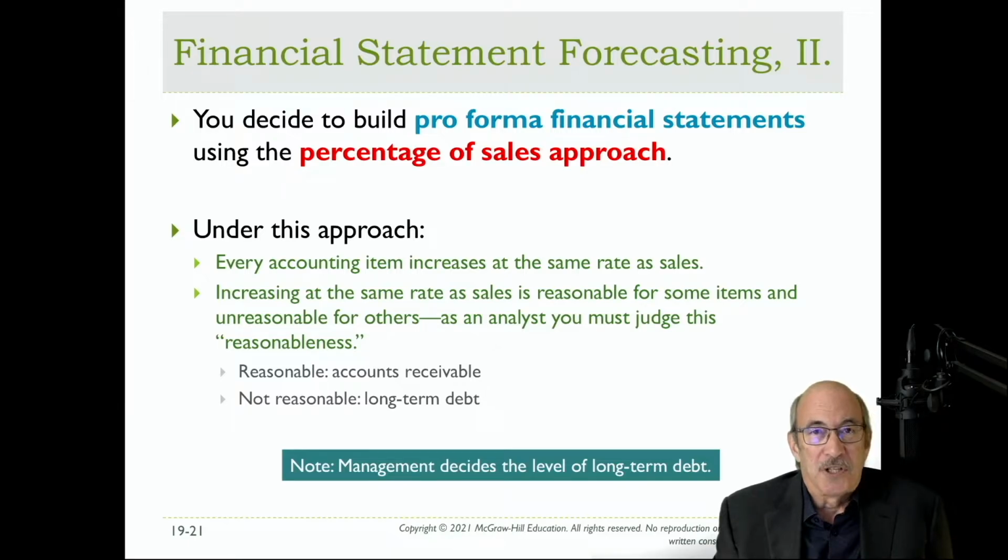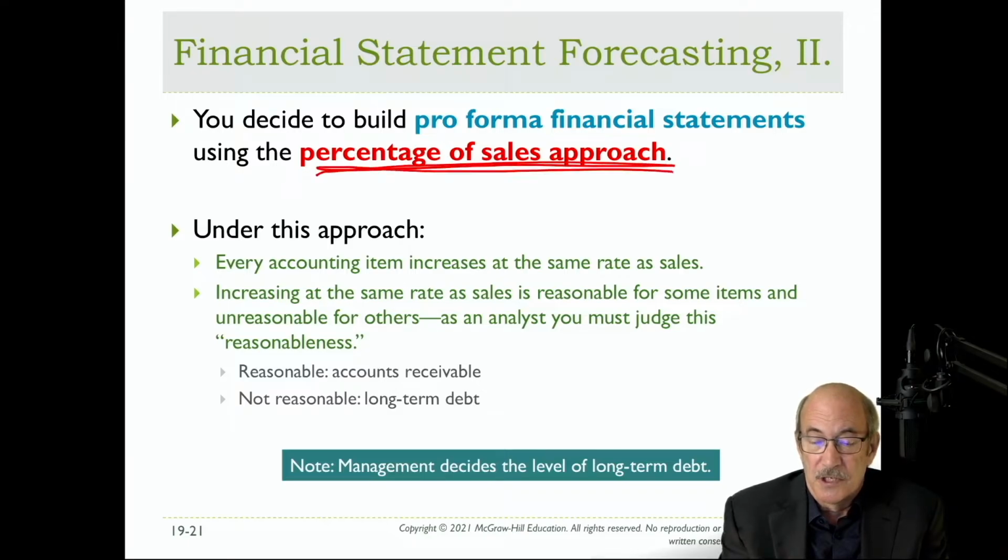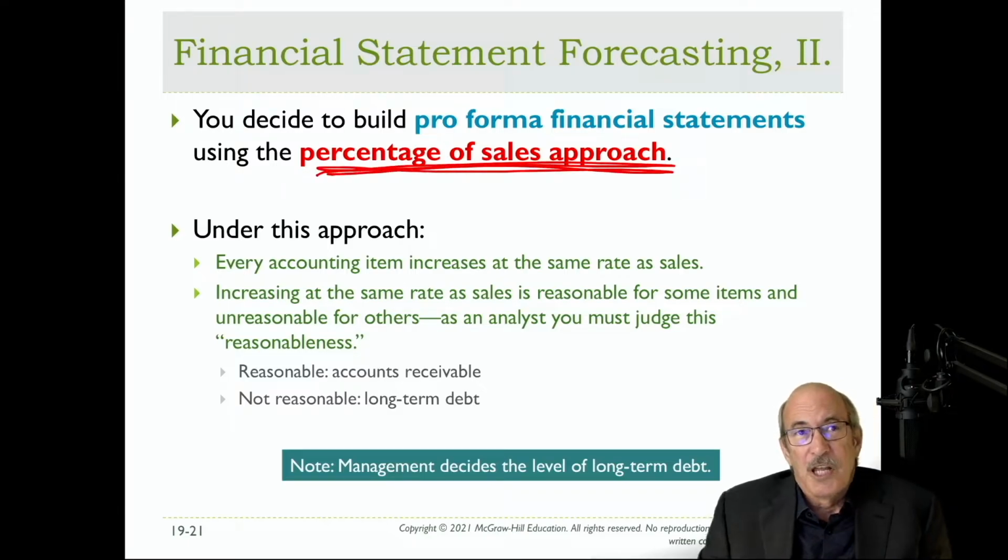There's a second method, which is much simpler, and that is called the percent of sales method. And that's what we're going to use, this percent of sales approach. And in fact, you may want to even use kind of a blended approach. There may be some things that are part of this percent of sales method that just don't make sense for Sherwin-Williams in particular.